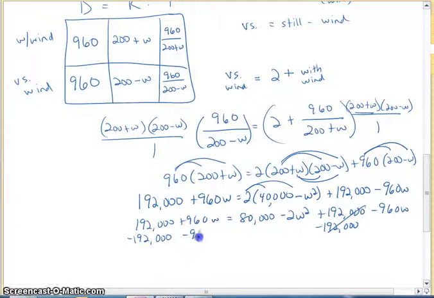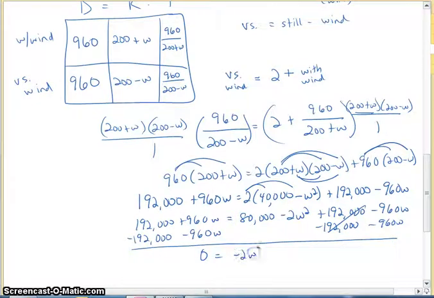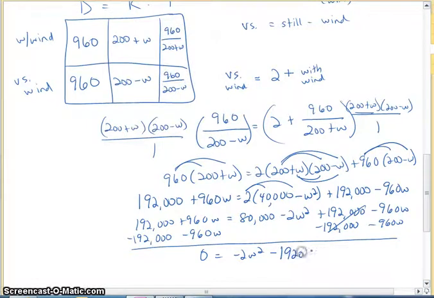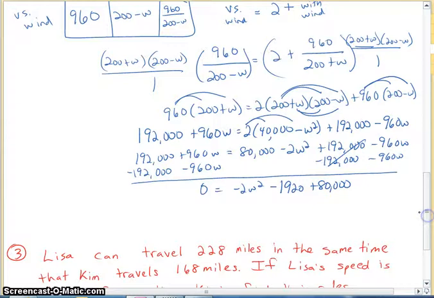I'm going to subtract the 960 W. So now I have 0 equals negative 2W squared minus 960 times 2, 1920, plus 80,000. I'm going to factor out the greatest common factor to make the numbers a little smaller.